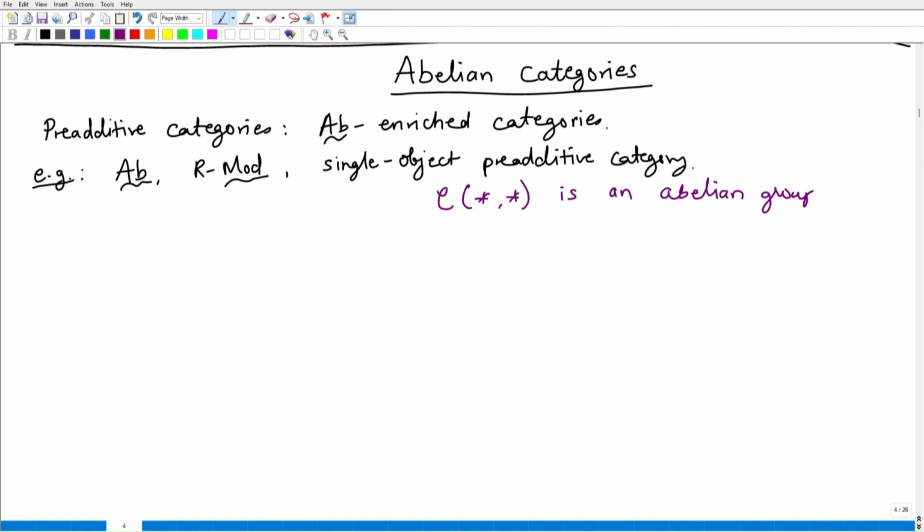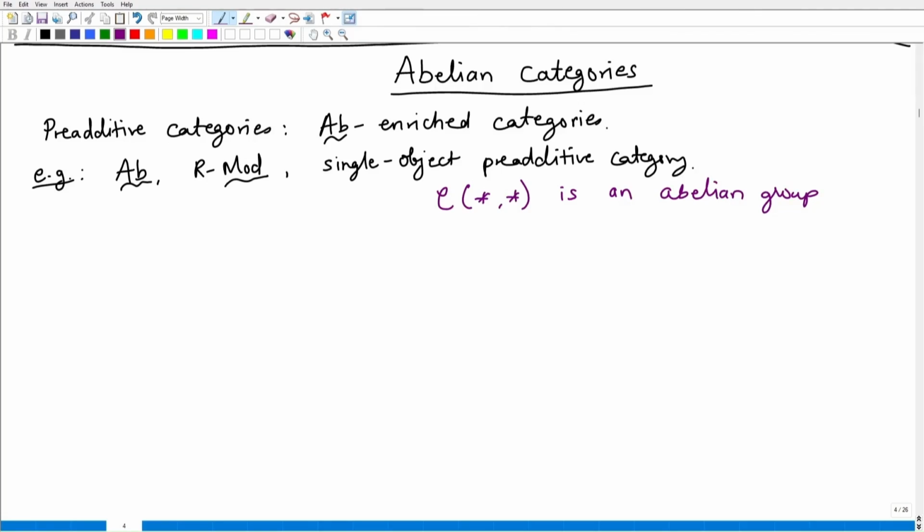In general, what is a single object category, tell me? It is a monoid with respect to composition. Very good.